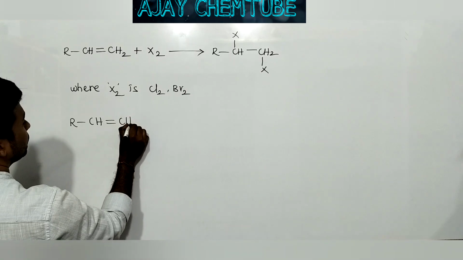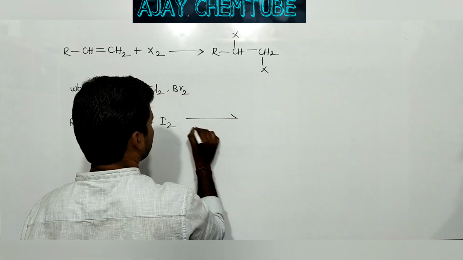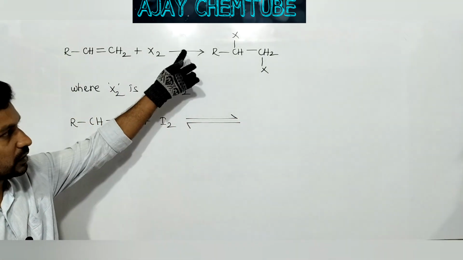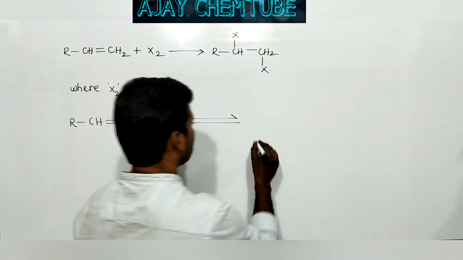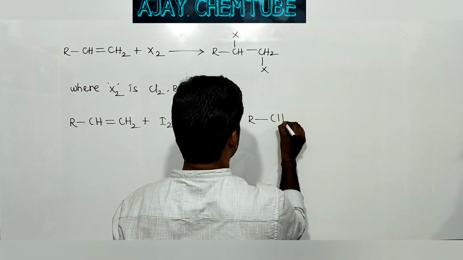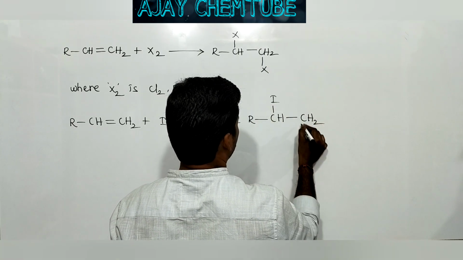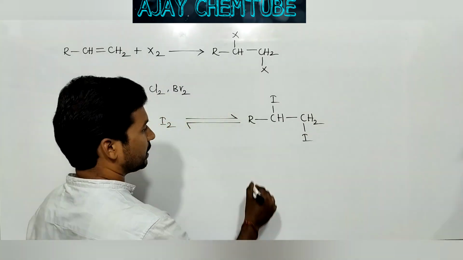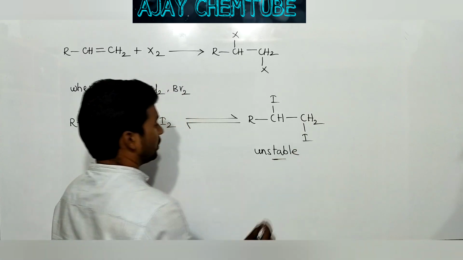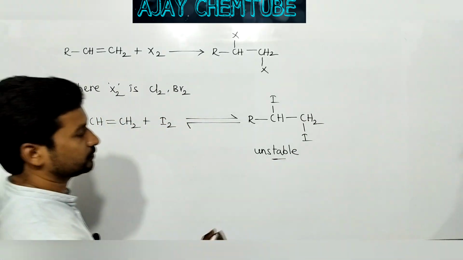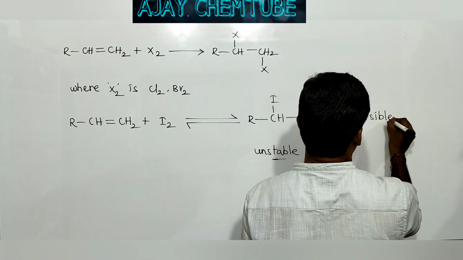In case of iodine, RCH double bond CH2 plus I2, what happens? Here a reversible reaction takes place, not an irreversible one. The product RCH single bond CH2 with I and I is unstable, that's why the reaction is reversed. In case of iodine, the reaction is reversible.